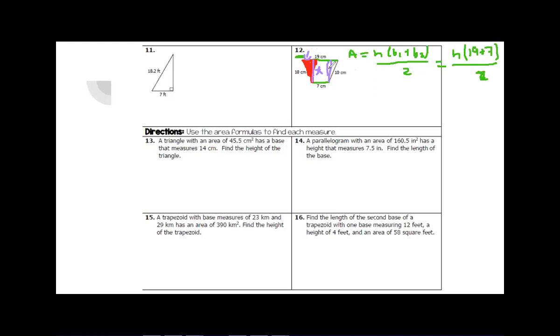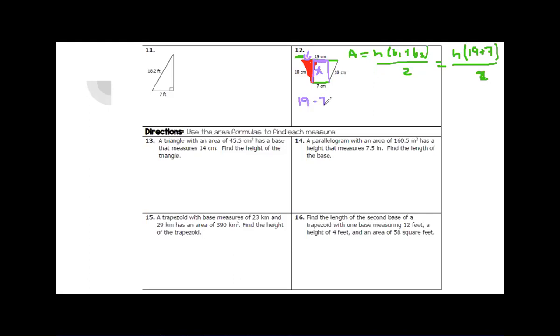So if I break this shape down into two different parts, I've got this rectangle here, and I can take 7 away from this 19, right? Because I'm not going to use any part of this purple line where the 19 is. I'm not going to use any of this in the calculation for this red triangle.